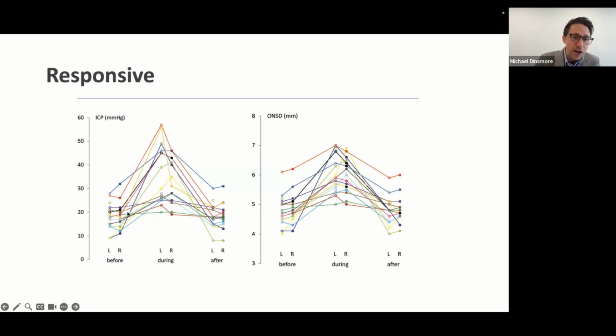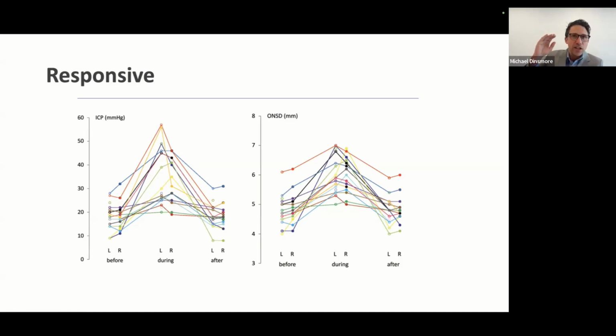As you can see in the left diagram here, the ICP ranges anywhere from 10, 12 all the way up to the high 20s. But during endotracheal suction, ICP obviously increased. And then after the suction stopped, it went back down to the baseline of these patients. They did the exact same thing while measuring optic nerve sheath diameter, and as you can see, same thing.